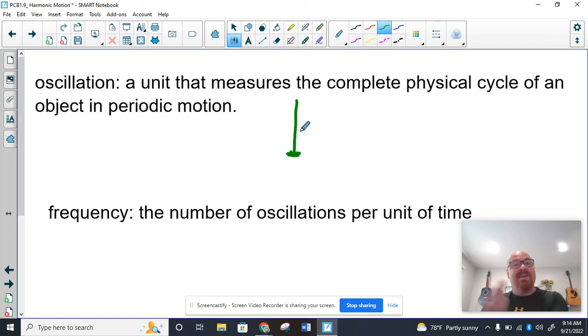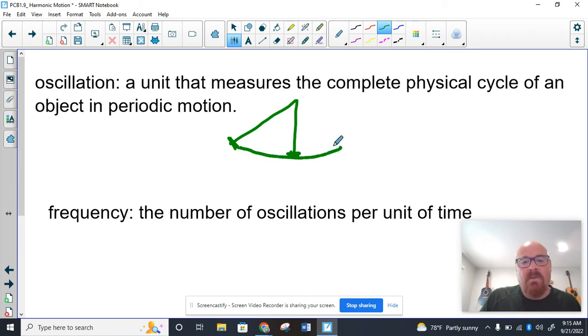When you're on a swing, and then let yourself go forward and then back again, right? So if you consider what one oscillation is, it would be going from maximum displacement here, swinging all the way out to maximum displacement here, and then swinging all the way back. So the oscillation is from here and then back.